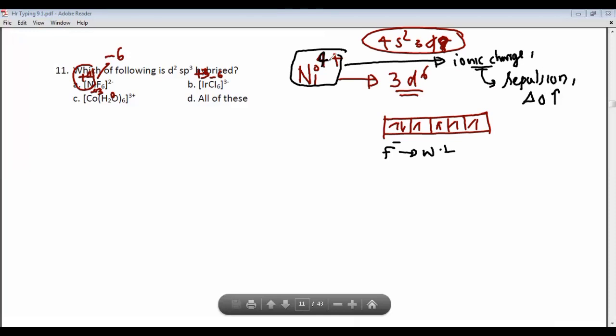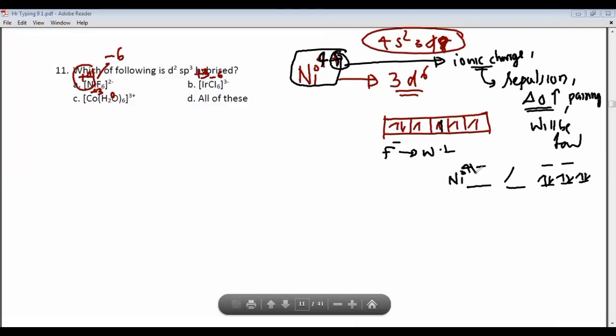Okay. If nickel is in +2 oxidation state, no problem. Since this is in a +4 oxidation state, delta O will be more. So pairing will be favorable. Pairing takes place. So that d6, even if it is a weak ligand, there will be a pairing since the nickel is in +4.